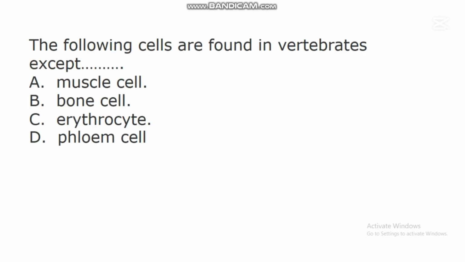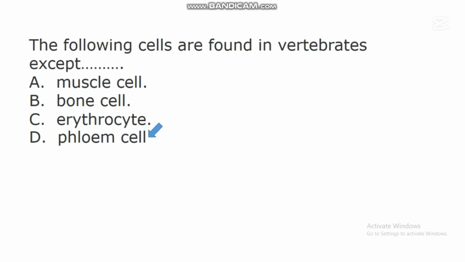The next question says, the following cells are found in vertebrates except dash. A. Muscle cell. B. Bone cell. C. Erythrocyte. D. Phloem cell. In this question, the correct answer is D. Phloem cell.